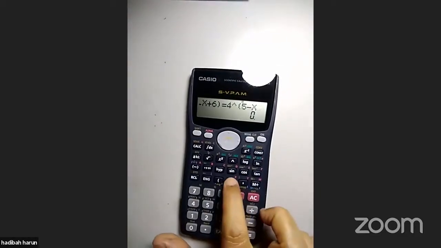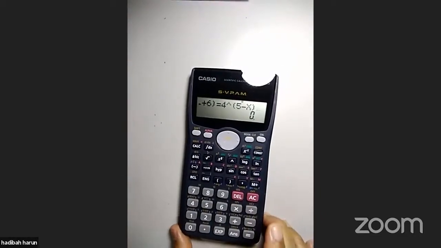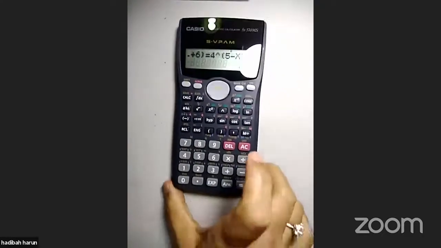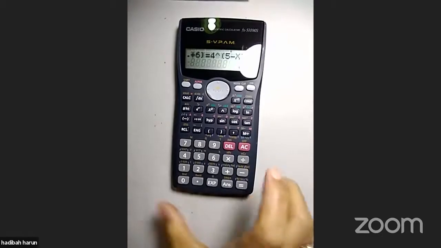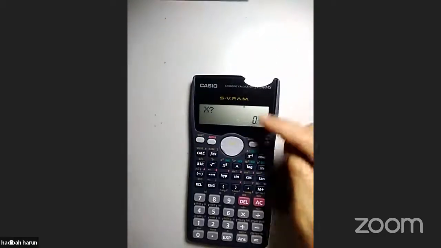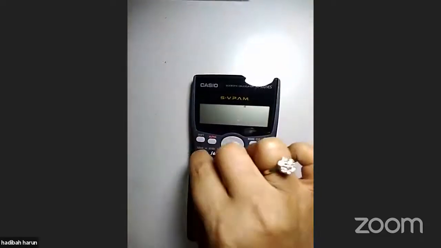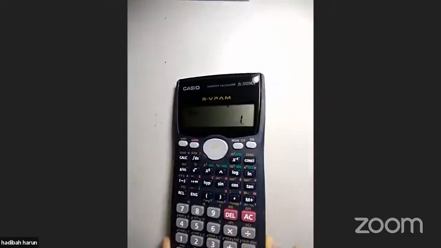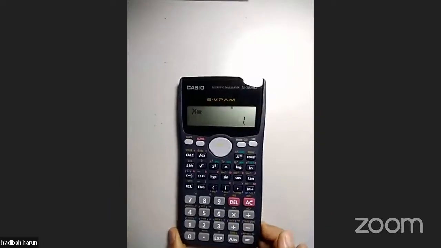Kita akan tutup kurungan. Again kita tak boleh tekan equal sign biasa. So caranya adalah shift calculate sampai dia jumpa kosong, lagi sekali shift calculate. So pelajar akan dapat jawapannya x sama dengan 1.